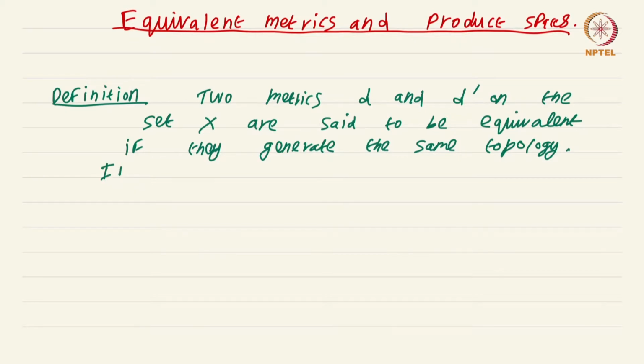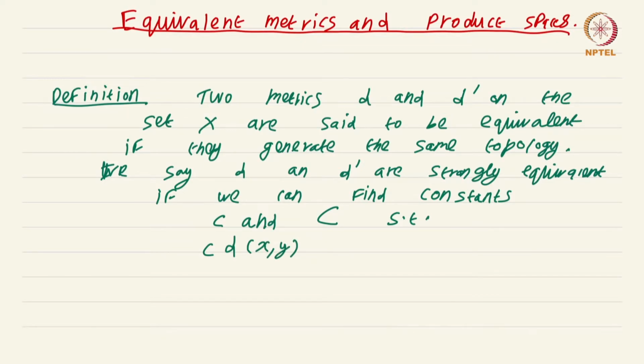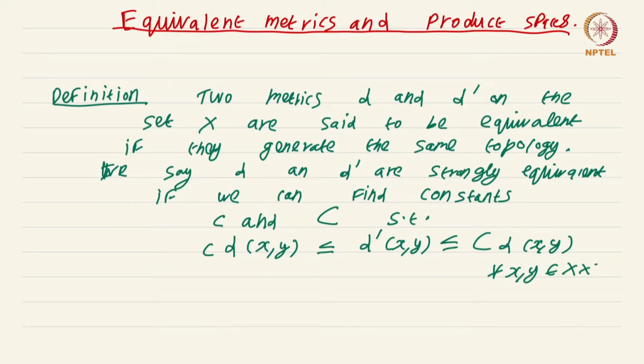If rather we say d and d prime are strongly equivalent if we can find constants small c and capital C such that we have the following inequalities: c d(x,y) is less than or equal to d prime(x,y) is less than or equal to capital C d(x,y), and this should be true for all x, y in X cross Y. So let me just put it as a pair.